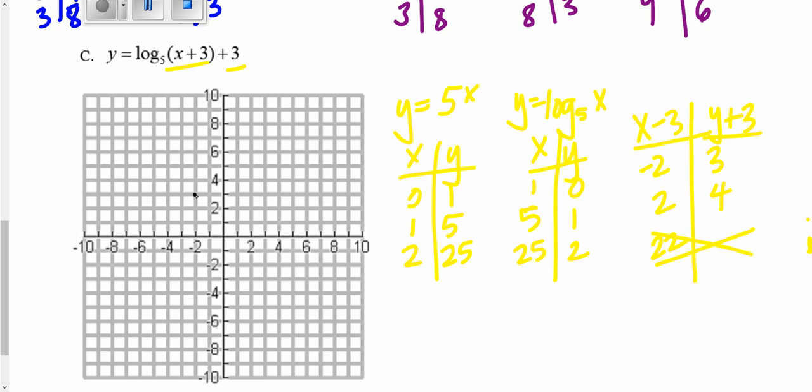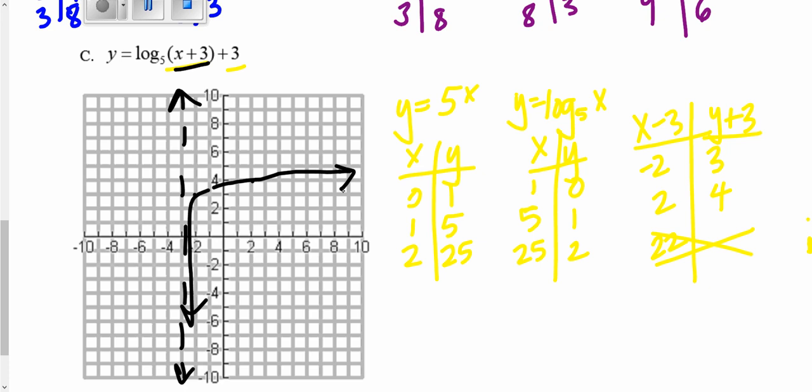So negative 2, 3, 2, 4. And then the vertical asymptote is going to be the opposite of parentheses, so x equals negative 3, so up and down here at negative 3. And then we only have 2 points, but we have enough information to actually create the shape, hit those points, and curve down your vertical asymptote.